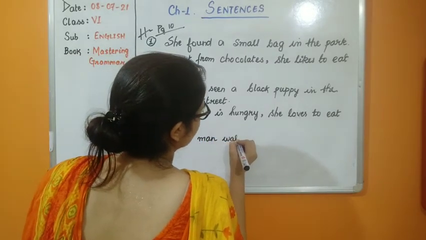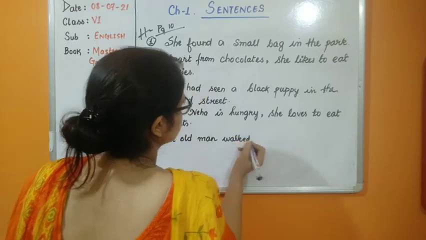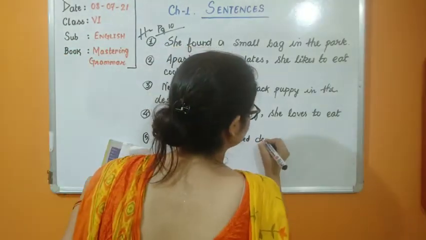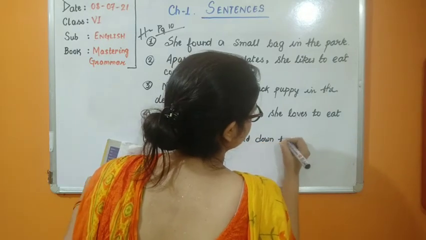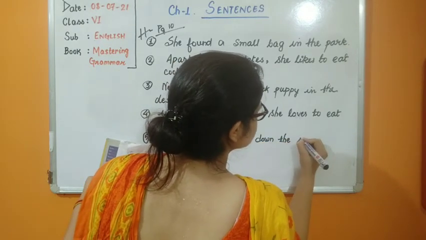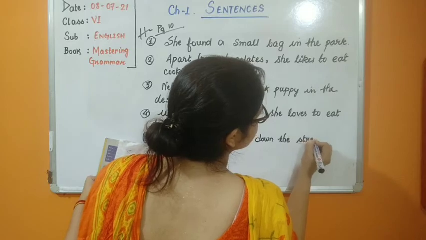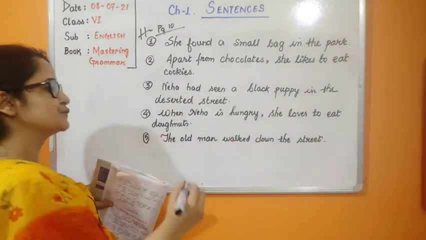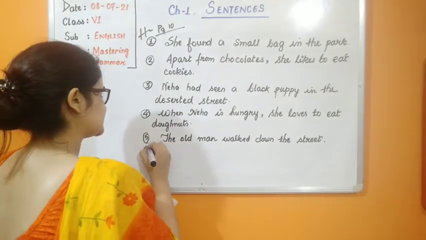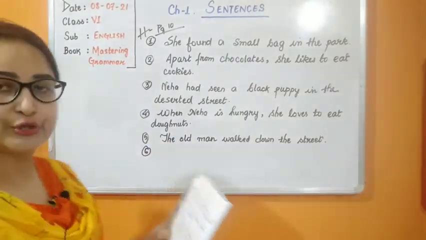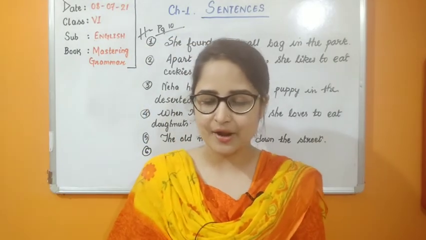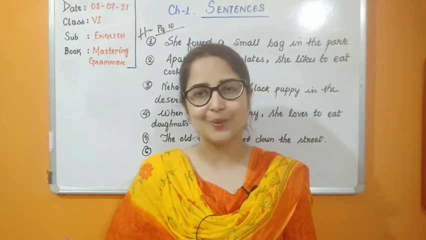The old man walked can be a clause, and then down the street can be a phrase. So children, a clause and a phrase together can be combined to form a complete sentence. The last one for this exercise H. The young boy carrying a hat. See, only one is remaining.